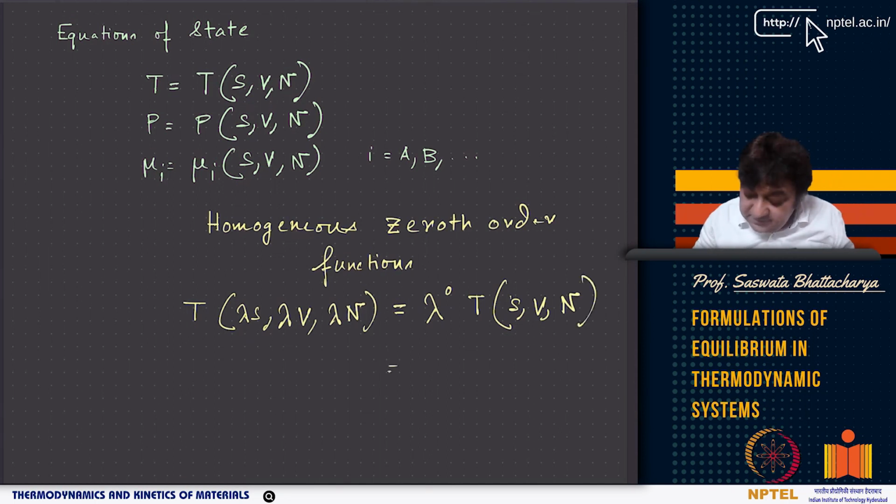So this basically remains as is. Even if S has been multiplied by lambda, V has been multiplied by lambda, N has been multiplied by lambda, lambda can be a fraction, lambda can also be 2, 3, 4, right? Lambda can have any value, but this is lambda to the power 0. So whatever amount or extent I change S, V or N, T remains as T, right? T(lambda S, lambda V, lambda N) is the same as T(S, V, N).